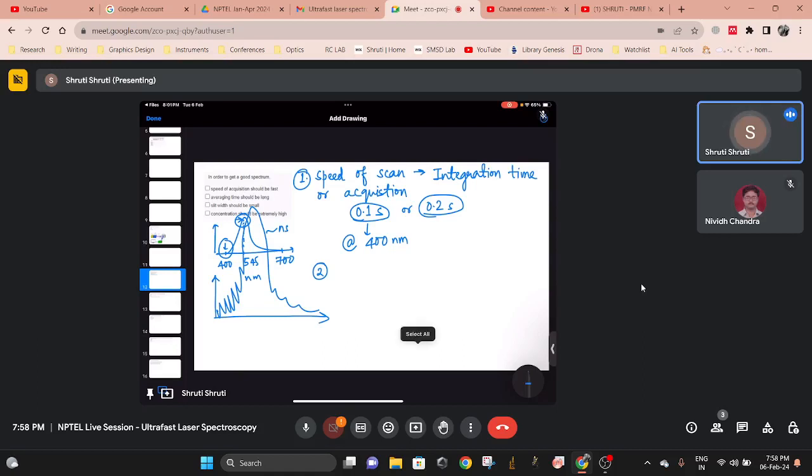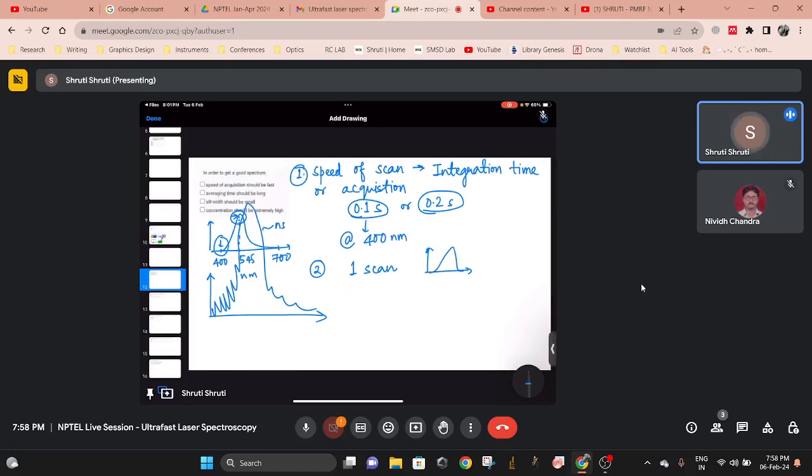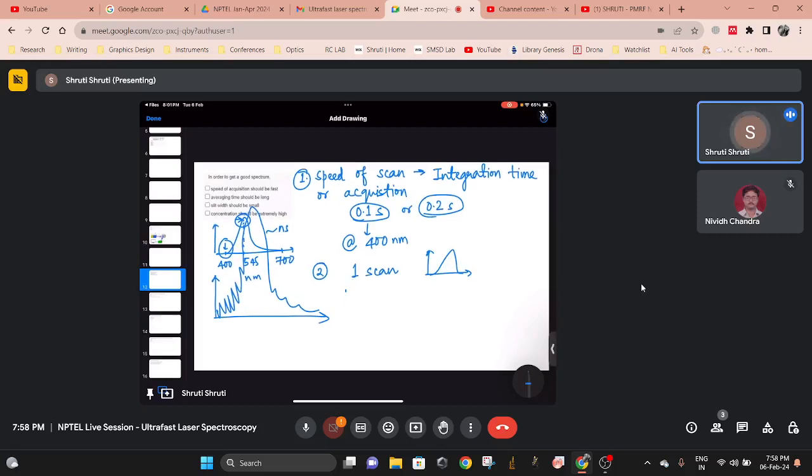Suppose there are parameters in the fluorimeter where one scan means you take a scan like this. You can put it like 10 scans, so you will have something like this 10 times, and then you will get an average of all the scans.